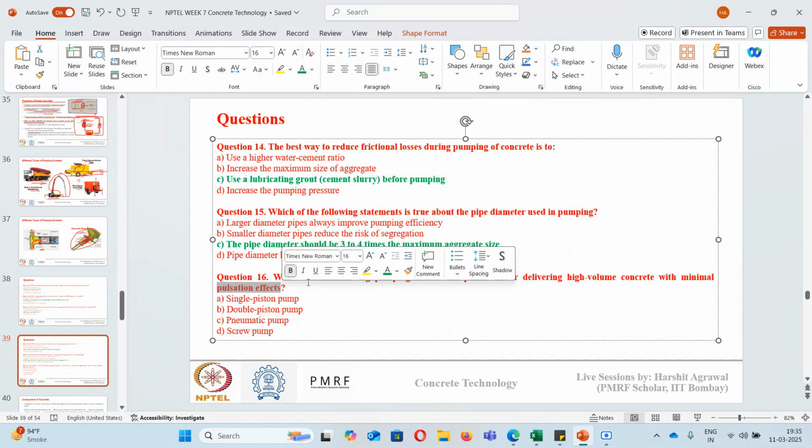Like my concrete is flowing, then there is a gap, it is flowing, then there is a gap. So this is pulsation effect. If there is fluctuation in concrete flow, that is known as pulsation effect. So I will write here: fluctuating concrete flow.